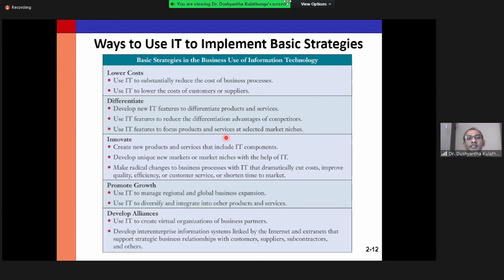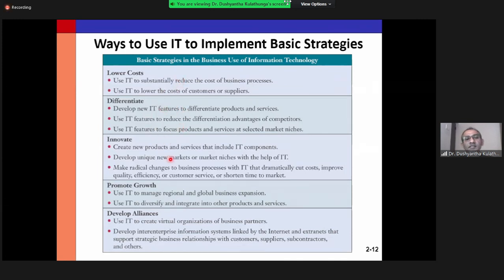I don't want to explain this particular table. You can go through the table and understand on your own.